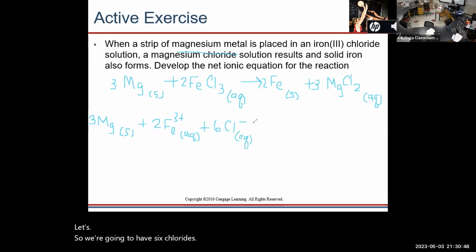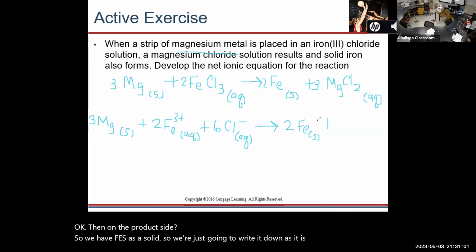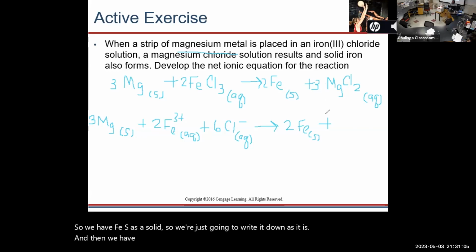Okay, then on the product side. Well, we have FeS as a solid. So I'm just going to write it down as it is. And then we have magnesium chloride solution. So is that going to break down into its ionic components?